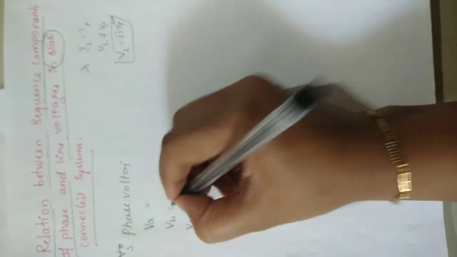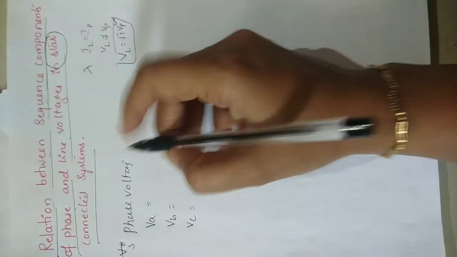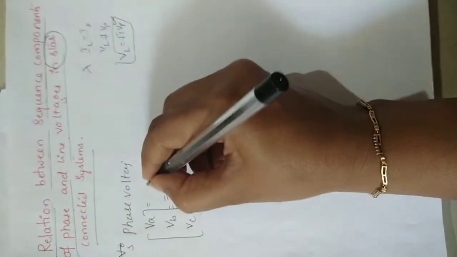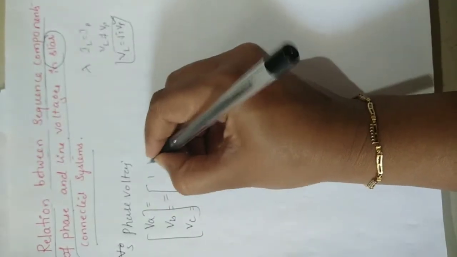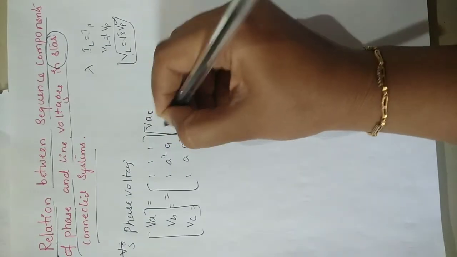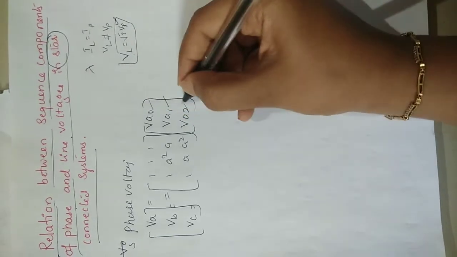These phase voltages you can write in terms of symmetrical components, that is sequence components: VA, VB, VC is equal to the matrix 1 1 1, 1 a square a, 1 a a square, into VA0, VA1, VA2, that is zero sequence, positive sequence and negative sequence.